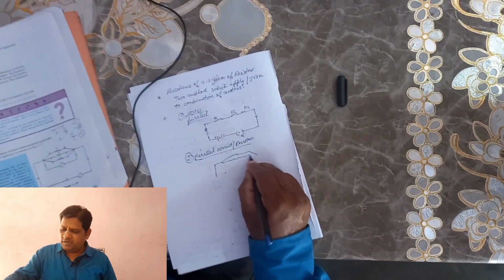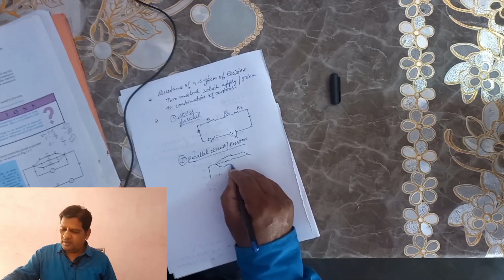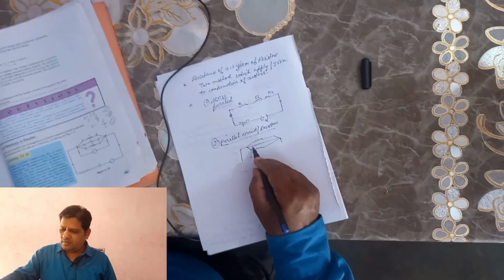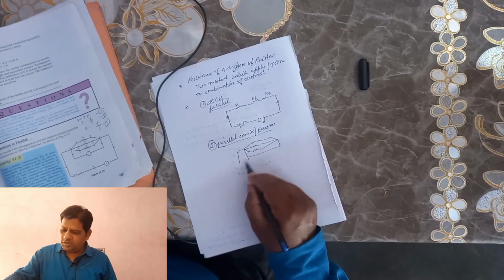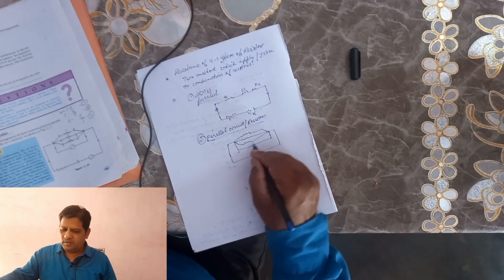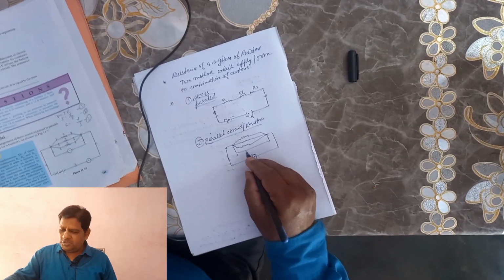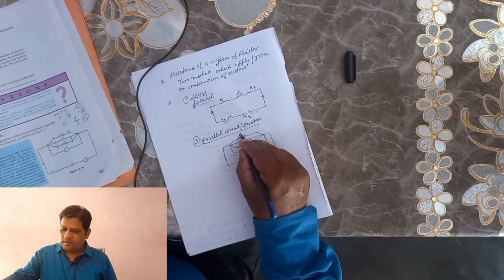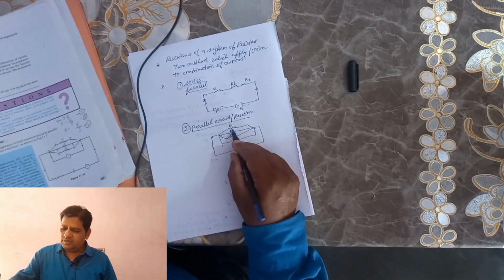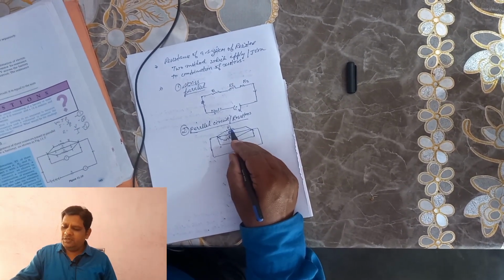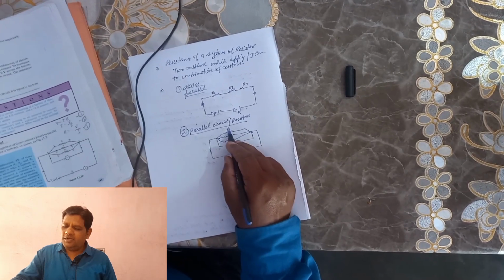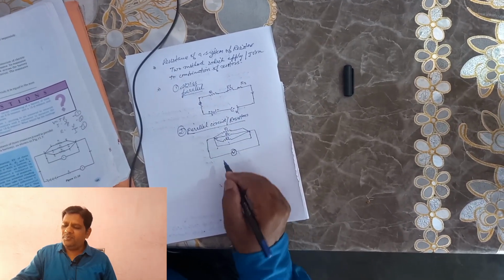Now join this one. This is the voltmeter. This is R1, R2 and R3. See, this diagram is in resistance form, that is R1, R2 and R3. These are connected in the parallel form.